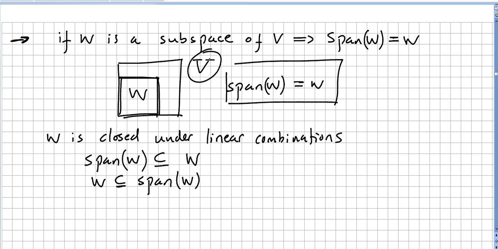Well, the conditions are W being a subspace of the vector space V.